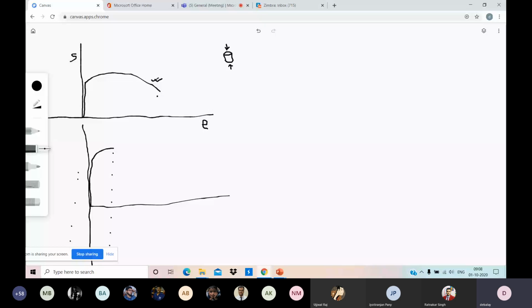Will the nature of the curve be the same as the curve we are drawing here? So how will the curve look? Will it come down or go up? Go up.